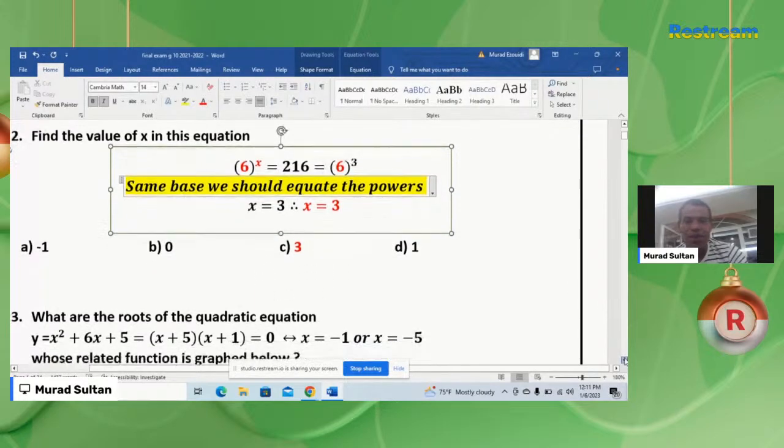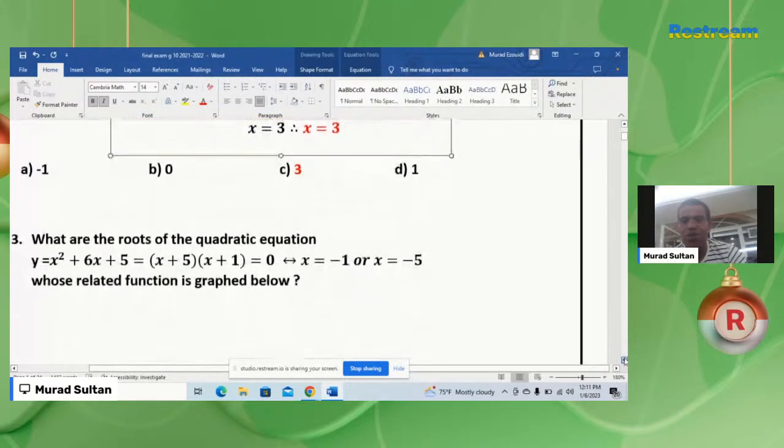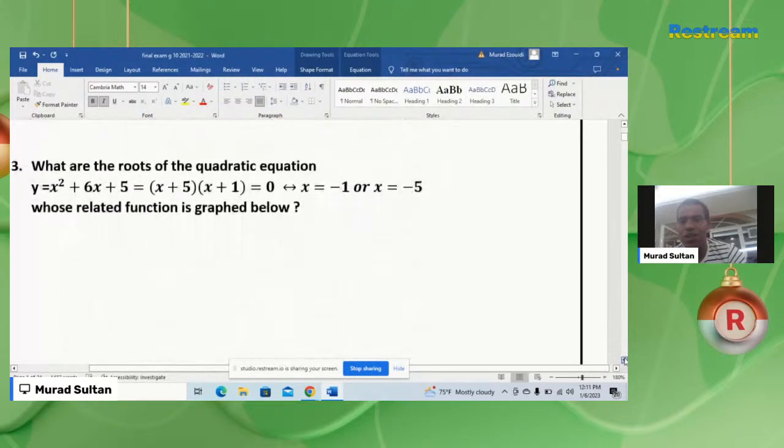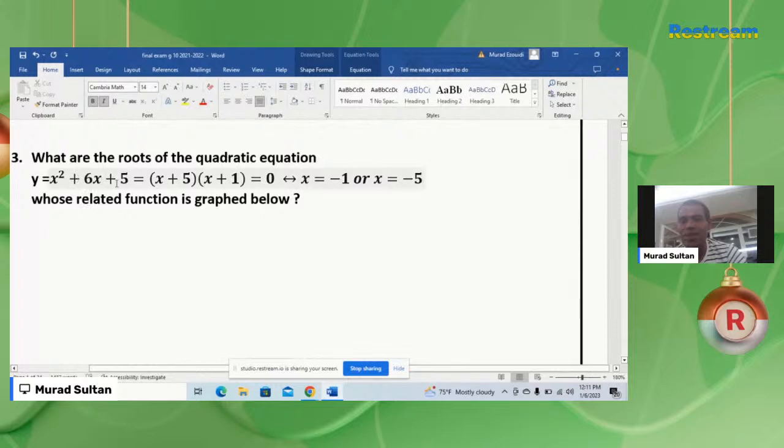For the next question, what are the roots of the quadratic equation y equal x squared plus 6x plus 5? You can use factorization: x plus 5 times x plus 1 equals 0, which means, learners, this one is equal to 0 or this one is equal to 0.